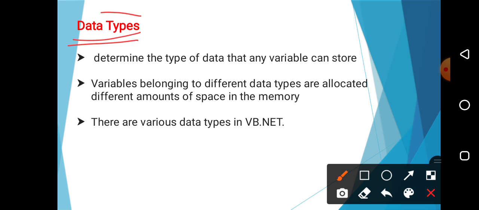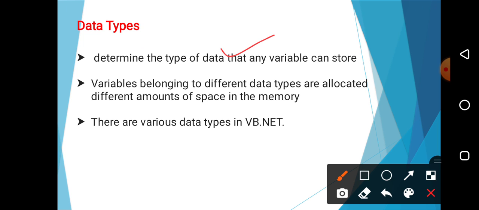Whenever you are using data types in programming, your system can easily come to know what type of data you are using in your system. So, the data type determines the type of data that a variable can store.